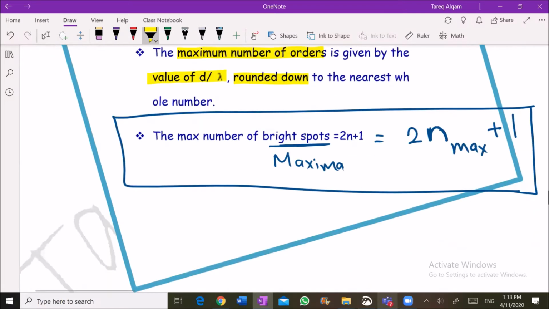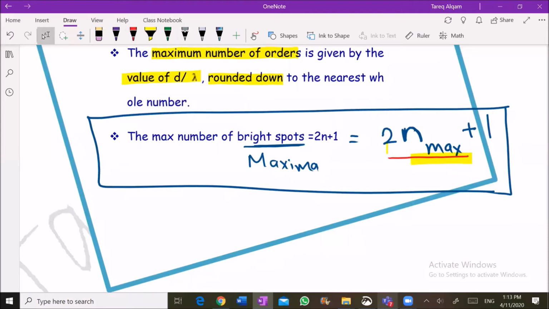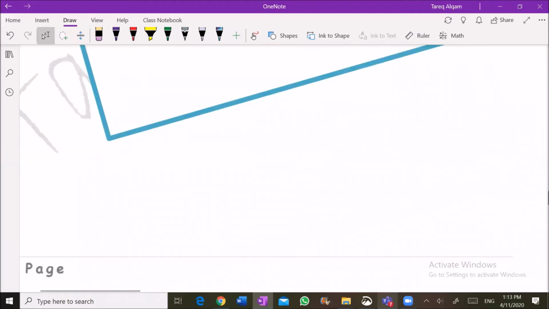If I want to find the maximum number of spots or maxima, how many maxima do we have? I have to multiply 2 times the maximum order, plus 1. Okay. Any question, guys?